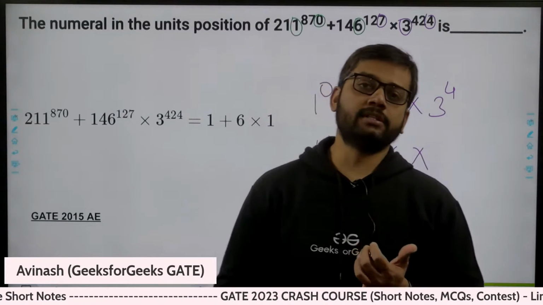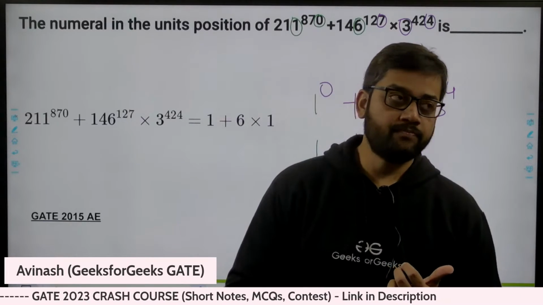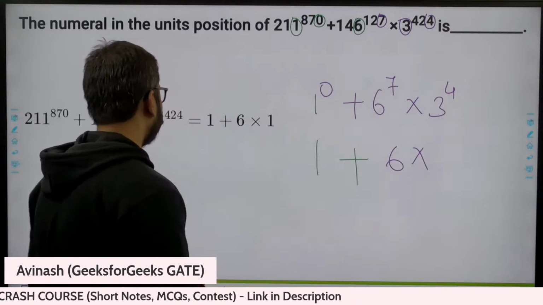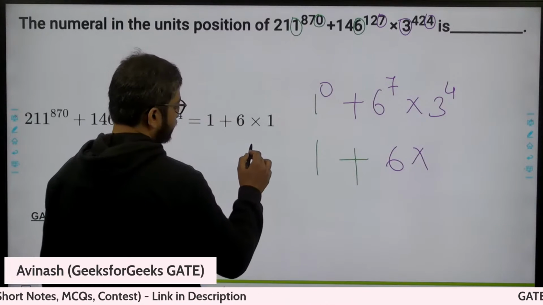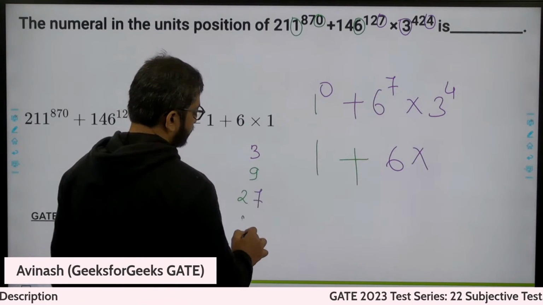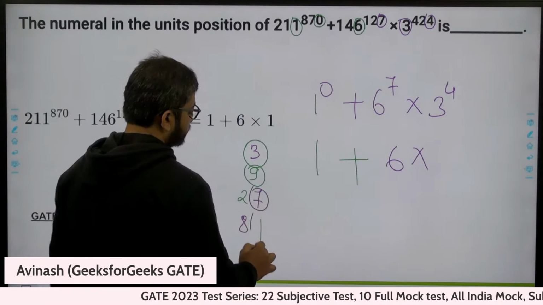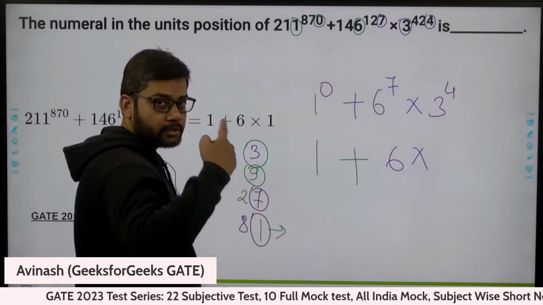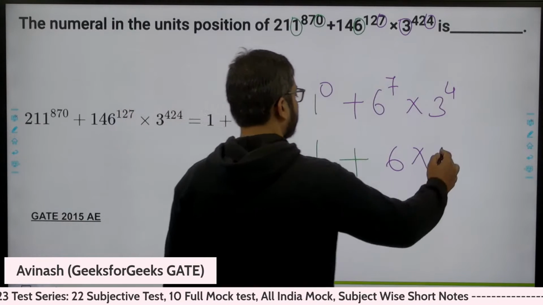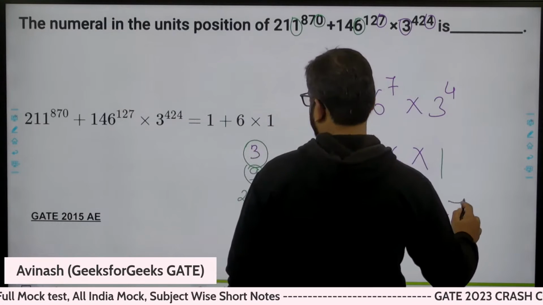The cyclicity of 3 is 3, 9, 27, 81, so the last digits are 3, 9, 7, 1. This is 1, this is 2, this is 3, and this is 4. After that, it will repeat. So multiply by 1: 1 plus 6, 7.